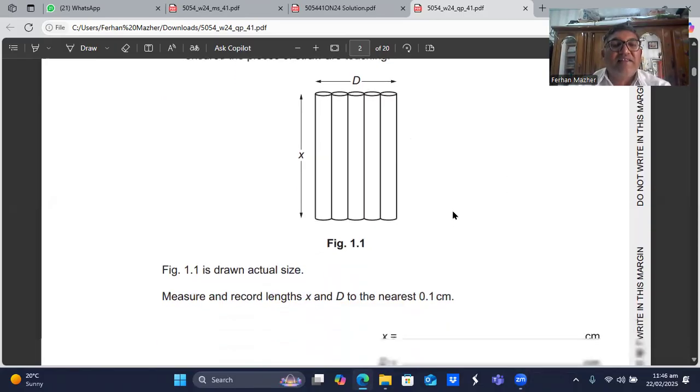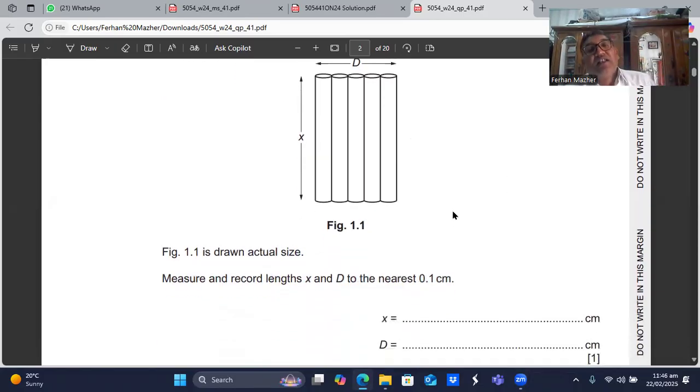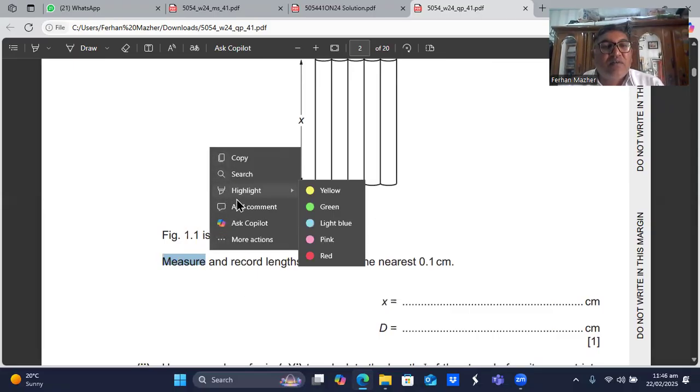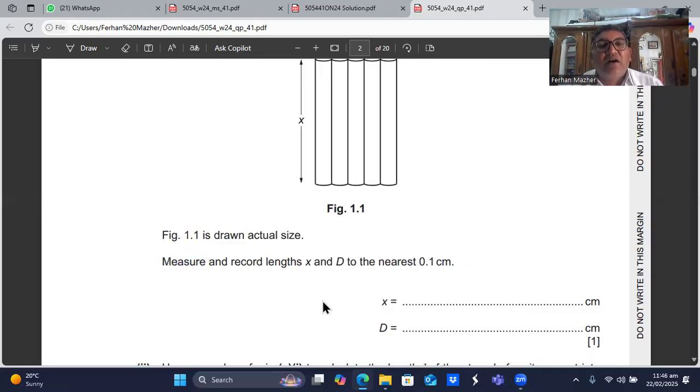Then he says, measure and record length X and D to the nearest 0.1 centimeter. The word measure means we have to measure it with our instrument. So with the help of the scale, we are going to measure it, and then we will record them here.